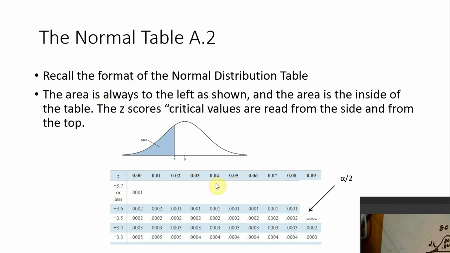If we're going to do critical values, I'm looking for alpha over 2 in here. In the body of these tables, that's the probability or the area to the left. And then here's the z-score, the first two numbers, and then to here. So this is good to 2 decimal places, or the 100th position. And I just go find that and then report it, like negative 3.2, negative 3.6, 1 or 2.